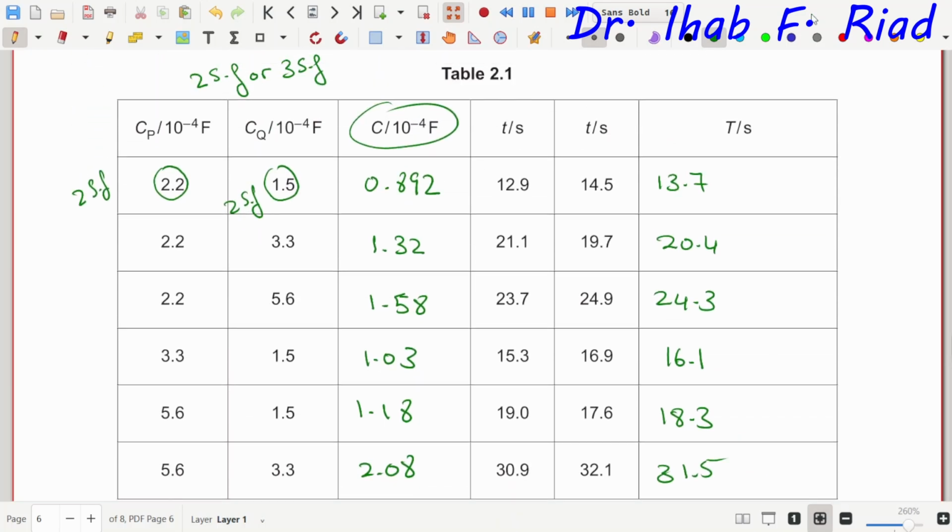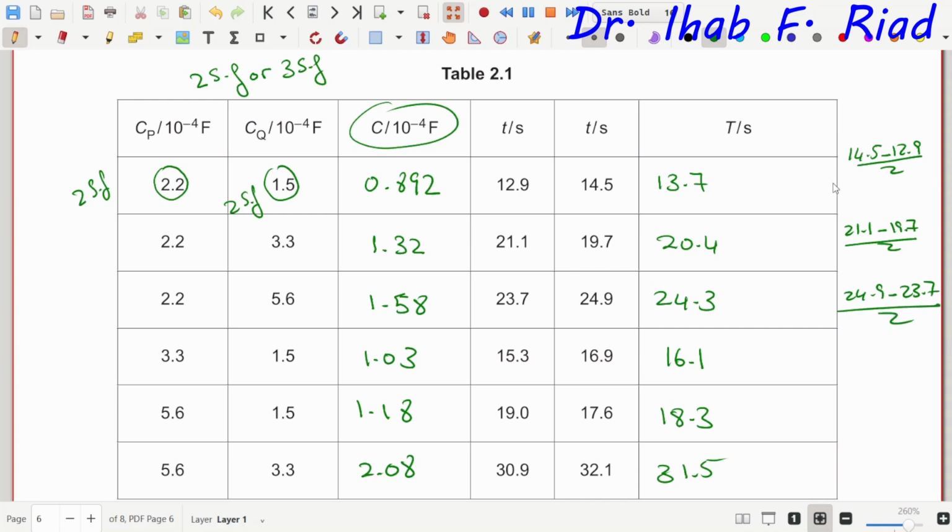So how to do it? The first one is going to be 14.5 minus 12.9 divided by 2. This one is going to be 21.1 minus 19.7 divided by 2. This one is going to be 24.9 minus 23.7 divided by 2.